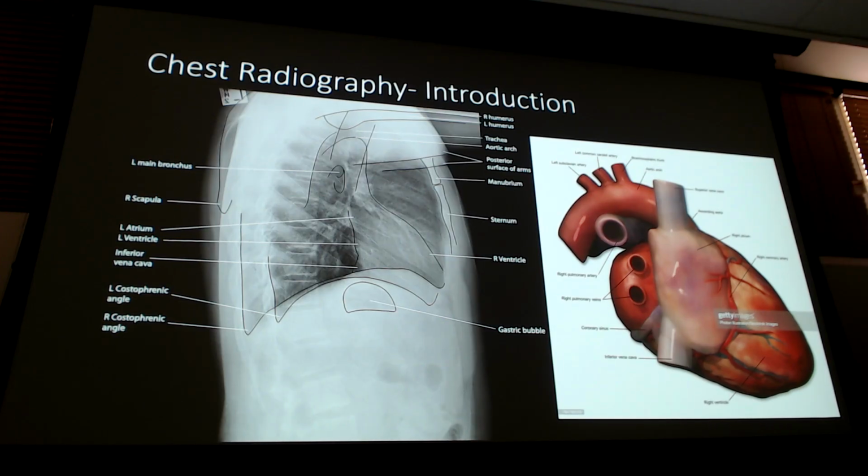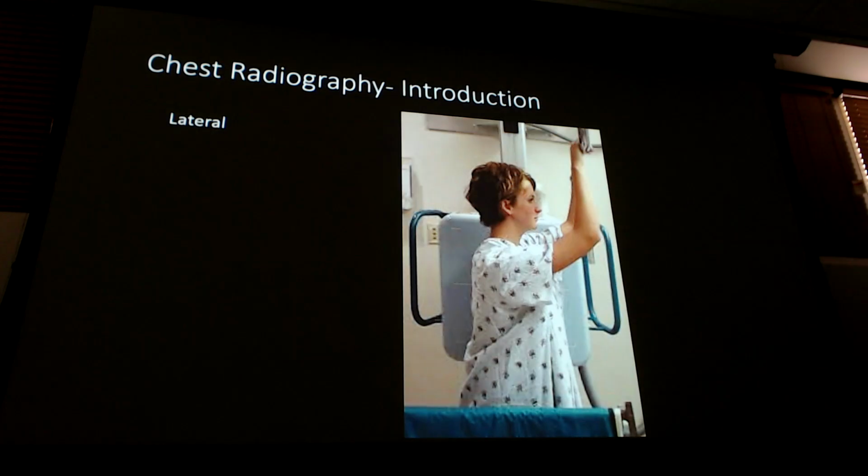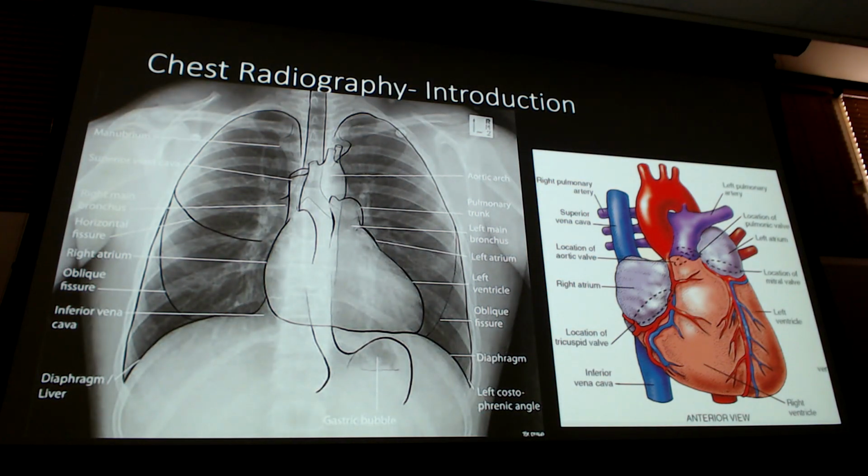What do I see on the lateral that I don't see on my PA? My right ventricle. Now I can see it. Why? Because it's not behind the spine anymore. It's not hiding. I know it's technically in front of the spine, but because the spine is more dense, it projects forward.